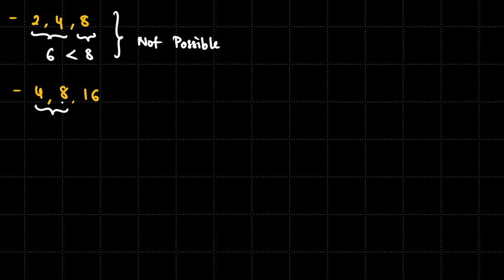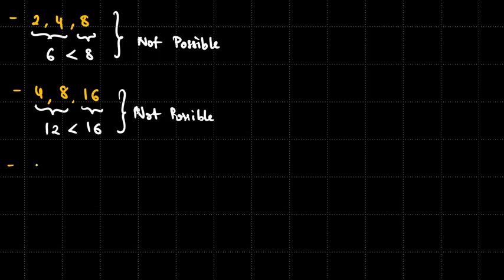It will be 4 plus 8, so 12, and 16 is greater than 12, so this is also not possible. Obviously, if you want a much more logical explanation, you can watch my previous video.